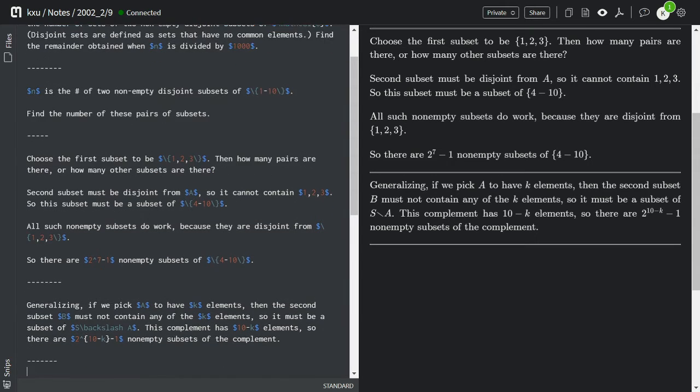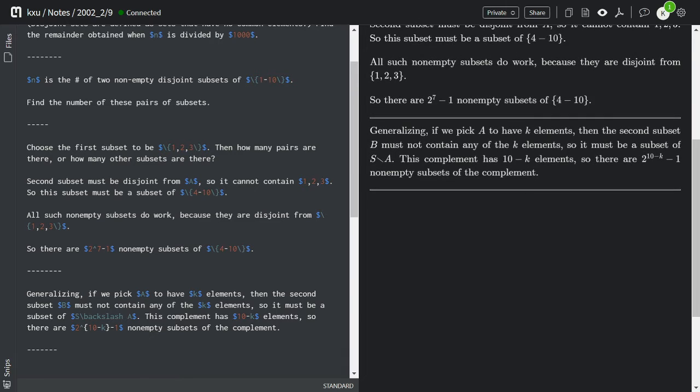Okay, and let's count now. We're interested in a summation over all such k. We're going from k equals 1 because A cannot be empty, so we're not considering k equals 0. And we're going to k equals 9, because if k equals 10, then the complement will have 0 elements.